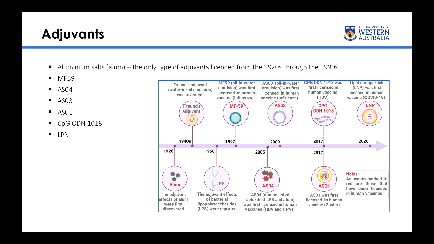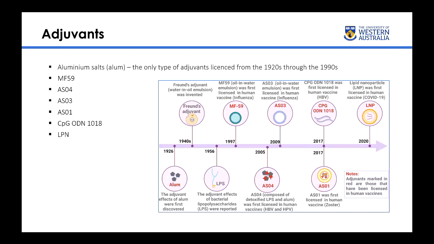But then in the 90s, some others were developed. Some of these ones are currently being used. So this is aluminum, but also other molecules. Here is nucleic acid, which can be used as well, and then also lipid nanoparticles.